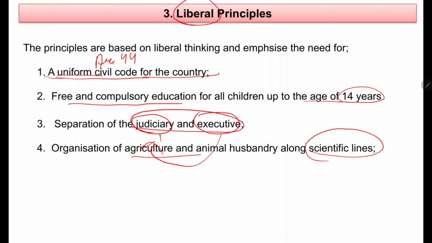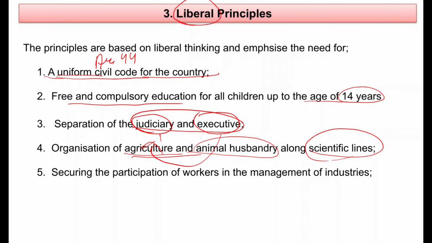And we can see in agriculture, by using certain techniques, there is a higher growth rate. So using scientific techniques, you should always try to improve your agriculture sector and animal husbandry sector. This was written at that time, and it has all been implemented, and people are implementing it now, in the present day.